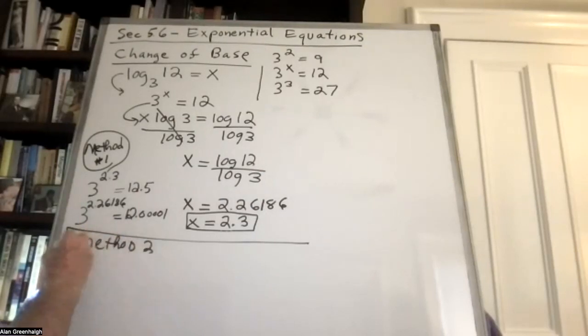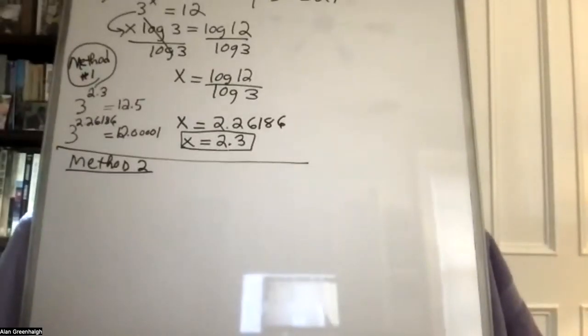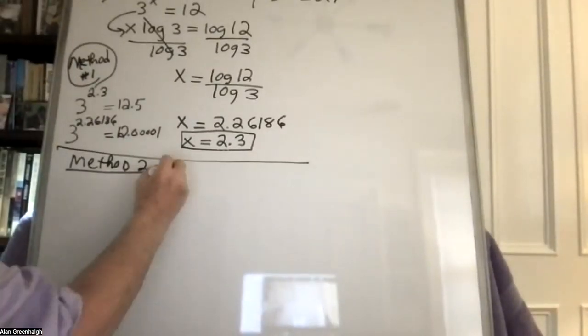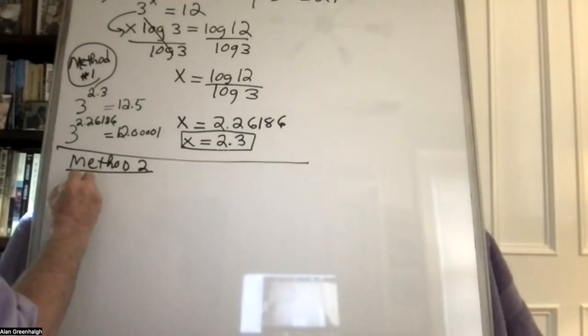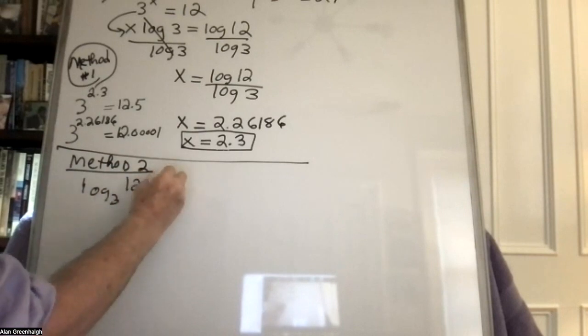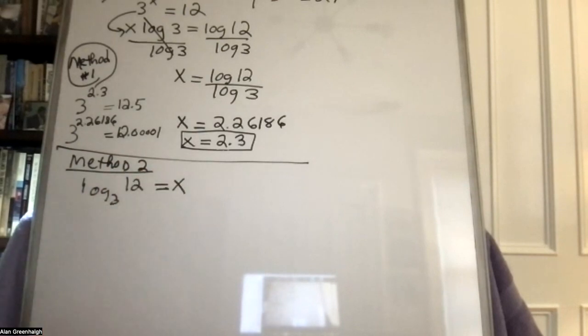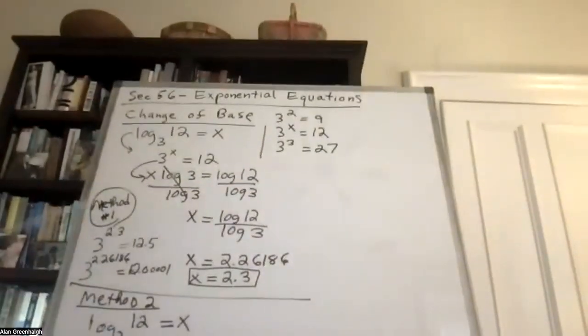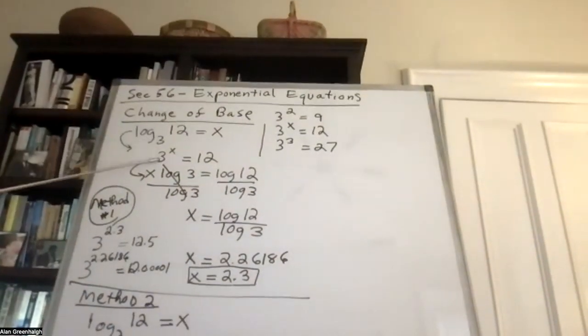Method number 2. If you get a problem like this, in which you're given this question, the log of 3 to the base 12 is equal to x, you don't have to go through all this. I just did this to show you the long way.